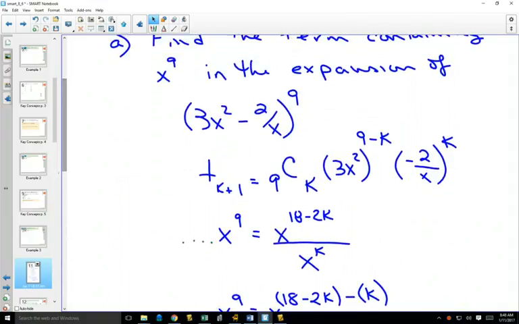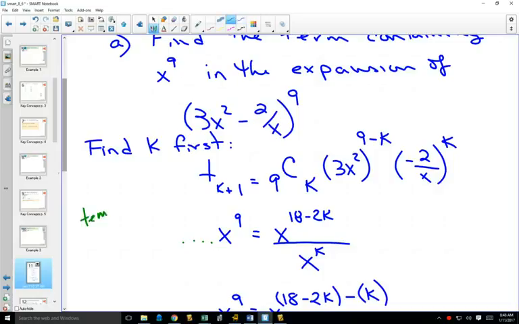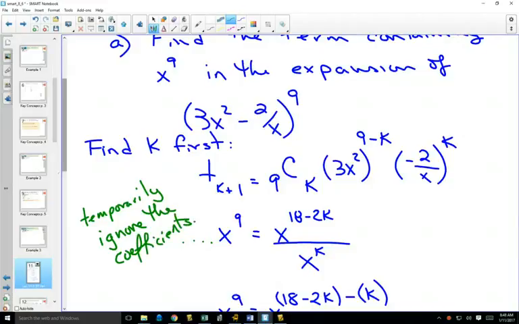So we're going to just add some things here. What did we do? We found k first. That's the first thing that we needed to do. And the key idea is we just looked at the x's.